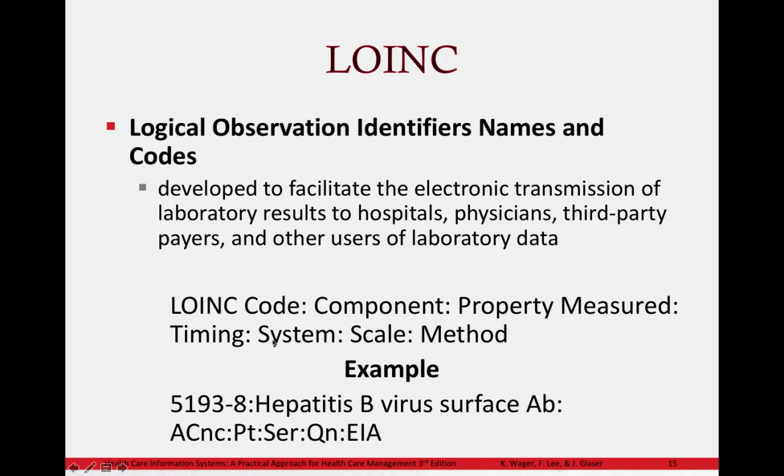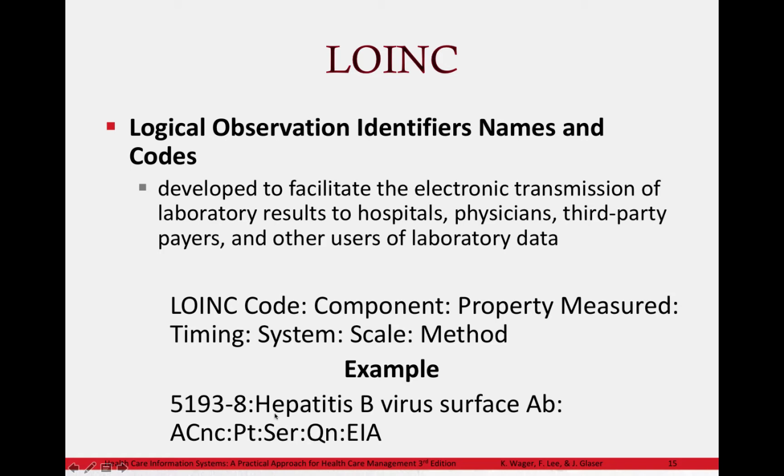It's a 5-digit code. Then you need to think about what is the component of that lab data, and what's the property when measured, all right? And what's the timing, and what is the system we use to measure it, and what method we use, and what the scale is. So here is an example.